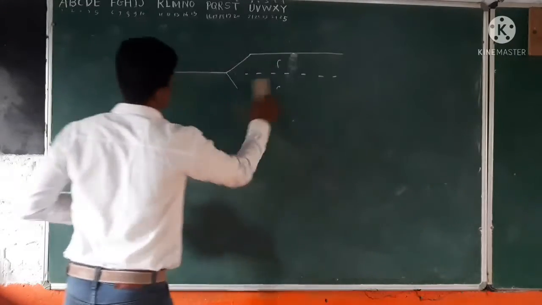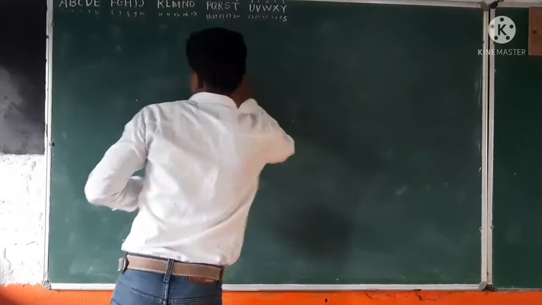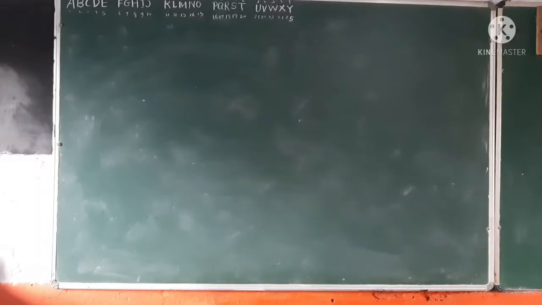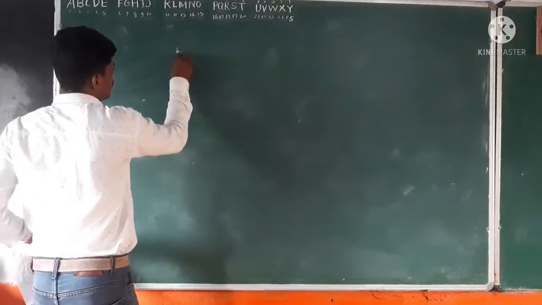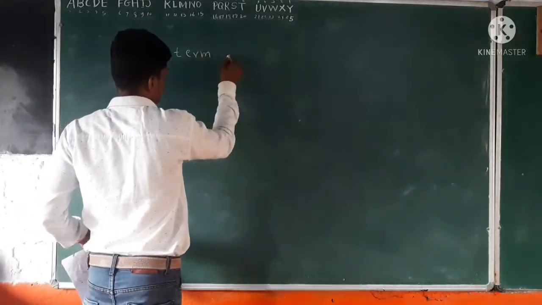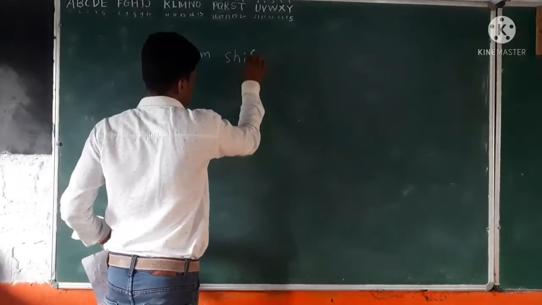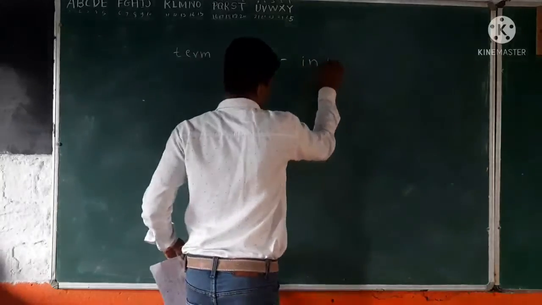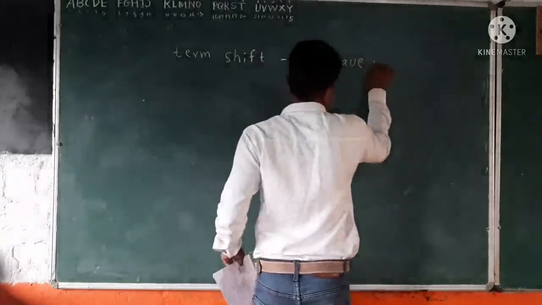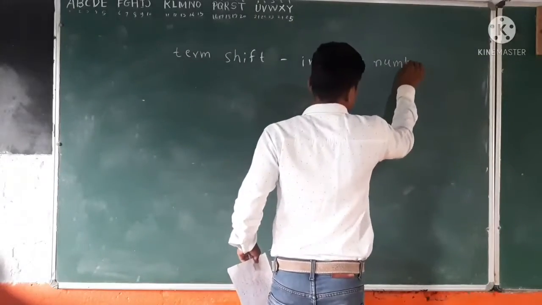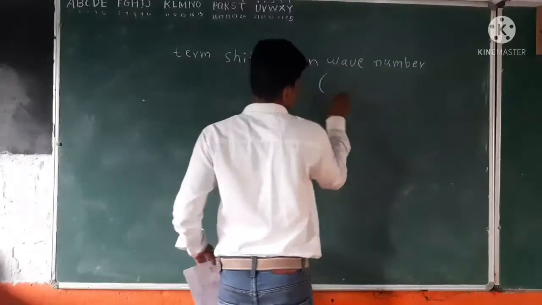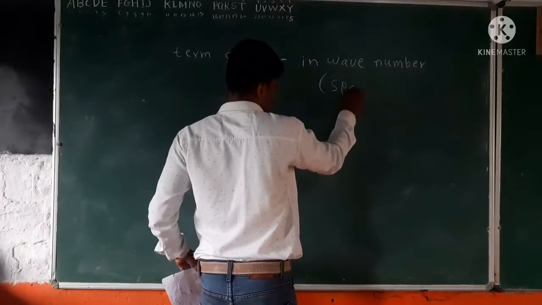Right here I have paper. So let's calculate the term shift. We represent term shift in wave numbers. What is wave number? It is nothing but a spatial frequency.